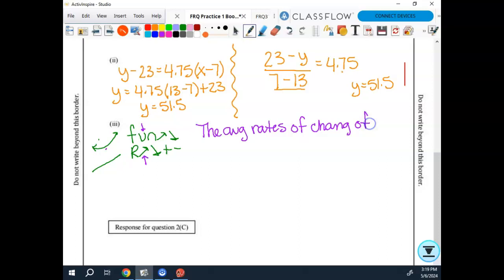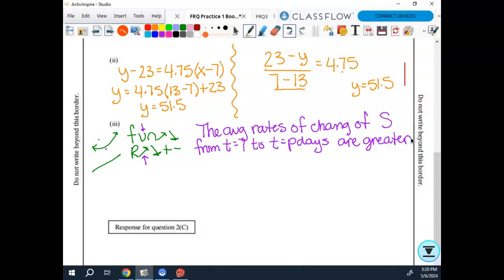of S from t equals 7 to t equals p days will be greater. Oh, can't spell.